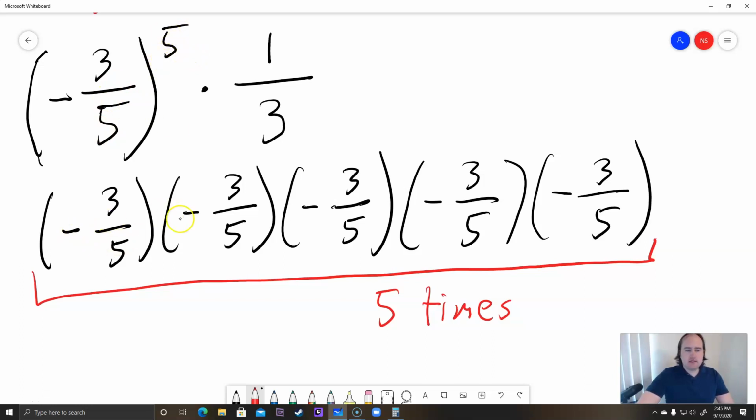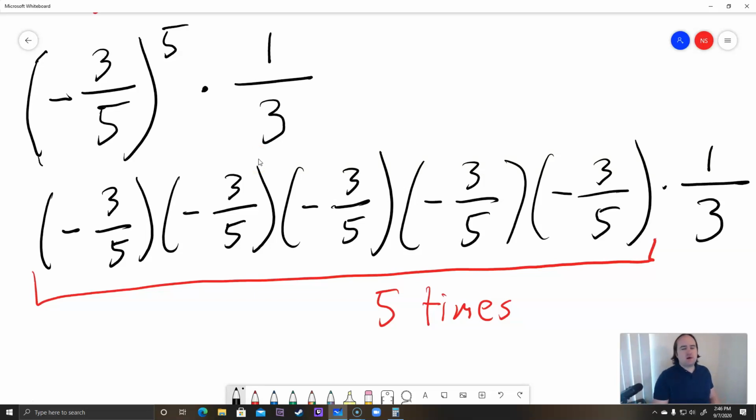And also notice each one has a negative because the original expression had a negative on the inside of the parentheses. So the exponent actually refers to both the negative and the 3/5. Okay, and then that's our negative 3/5, and then we also have times 1/3.